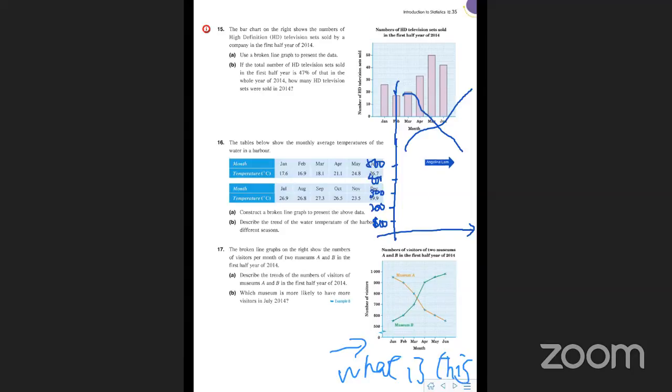Therefore, in this case, we have this symbol here. It means we don't need to show this part. And then we start from here. Just show people the upper part, and therefore we skip the lower part in this way.